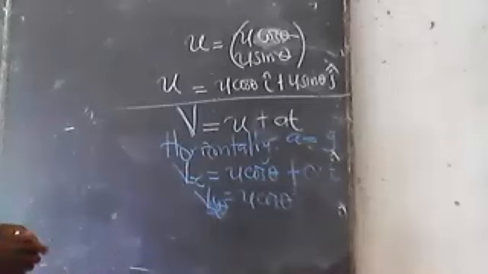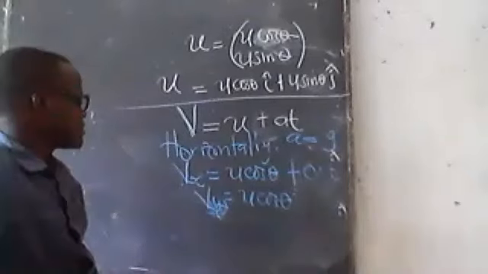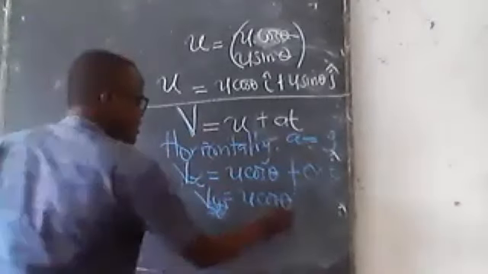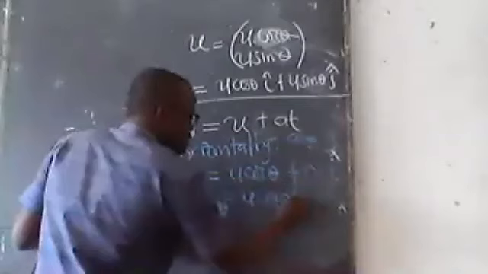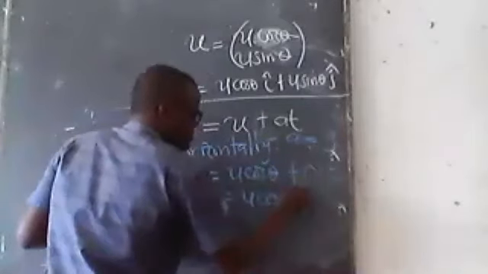Sorry, let me repeat. You realize that the velocity at any given time t, the horizontal component, is the same as the horizontal component of the initial velocity. Does it make some sense? No.